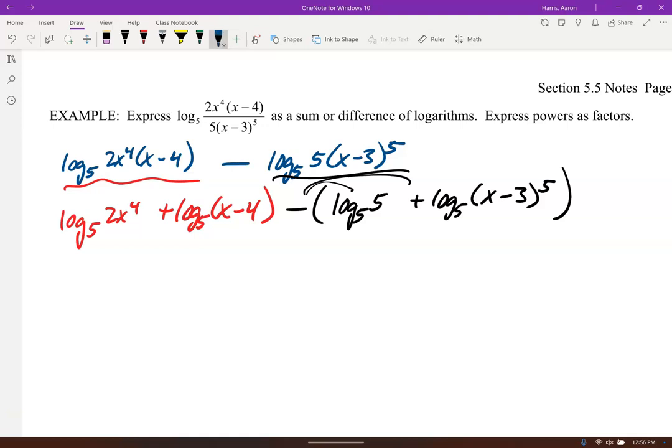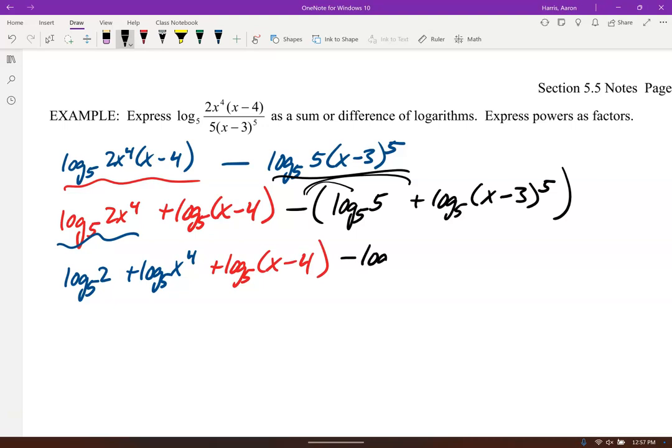Okay, so what we have is, and I can do product property one more time on this. I got log base 5 of 2 plus log base 5 of x to the 4th plus log base 5 of x minus 4 minus log base 5 of 5 minus log base 5 of x minus 3 to the 5th. Okay.